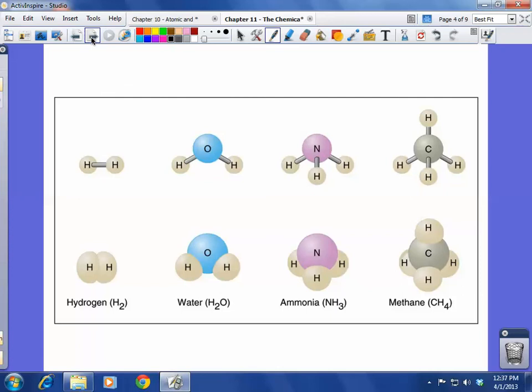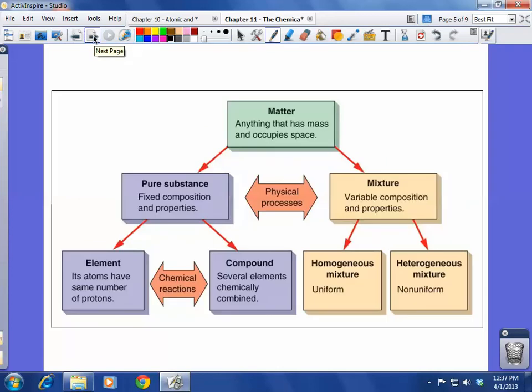Now, way back in that first week, we talked about matter. This is taken right from your book. And we said matter was anything that has mass and takes up space. But that doesn't really do us very much good right now, because everything in this room is matter. So we need to be able to break it down a little bit more than that.